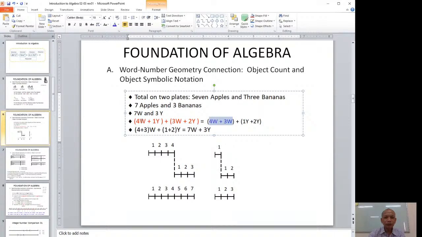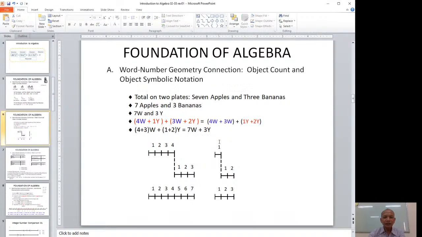So we put this green, blue, and then the red is here. We have 4W plus 1y plus 3W plus 2y. So we collect together, W plus W, y plus y. So here we get 4W plus 3W, and then next we have 1y plus 2y.